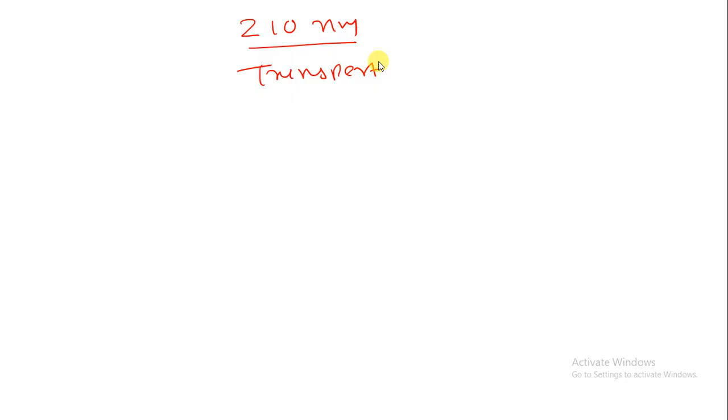Now the question arises: what is a good solvent in UV spectroscopy, and what is its effect on absorbance maximum? A good solvent in ultraviolet or visible spectroscopy is one which is low priced and transparent around 210 nanometer.